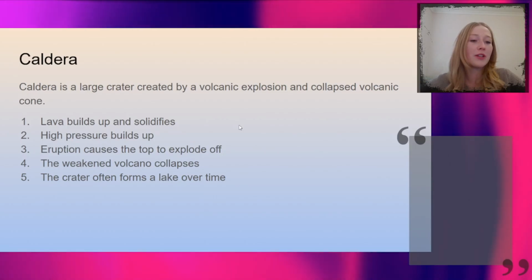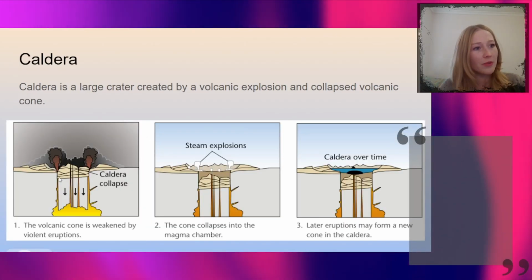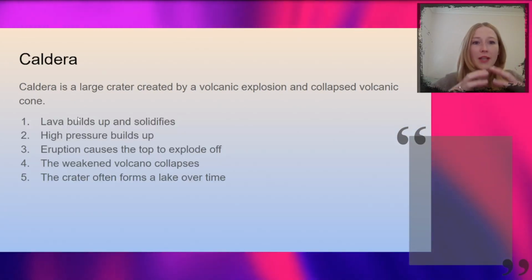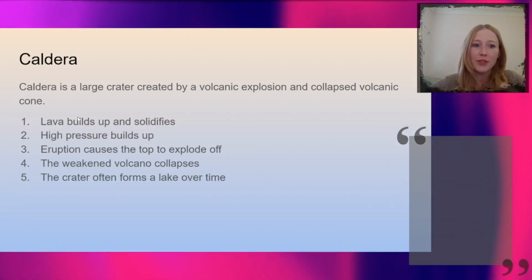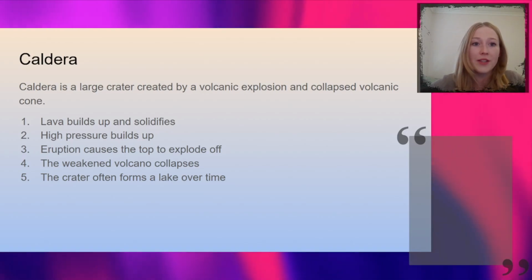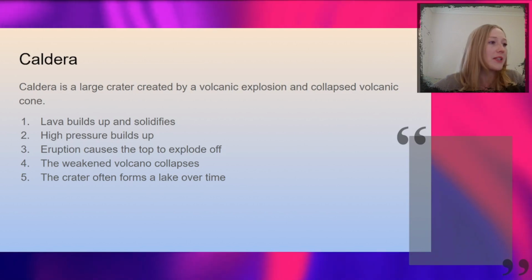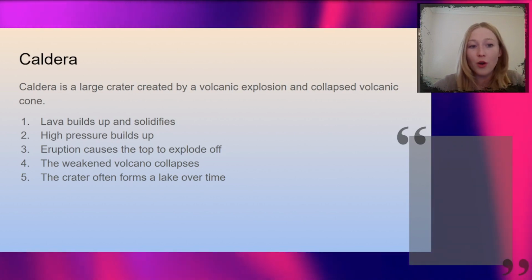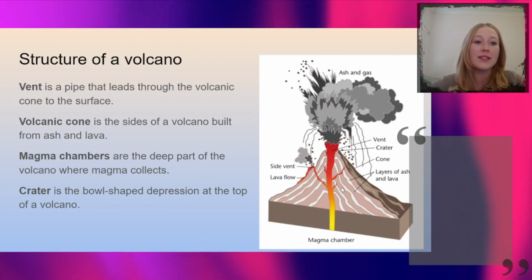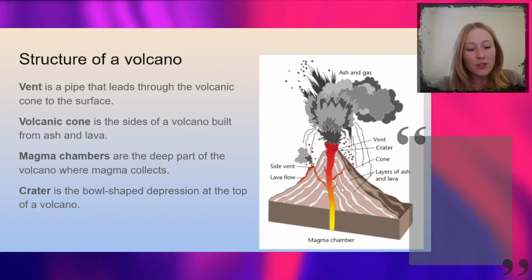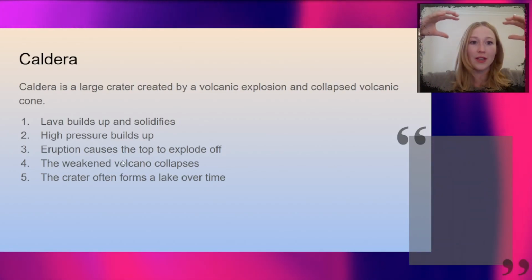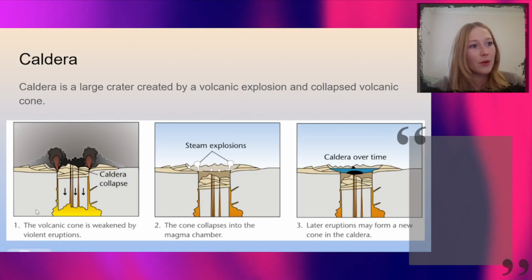If you imagine lava is busy building up, okay, you can't really get it from this diagram, but if the lava is busy building up and it solidifies and it's building up pressure, eventually when it does erupt, it erupts to the point that it breaks and completely destroys the cone that's over it. So over here, if this all breaks down or weakens in its structure, then that can cause the volcano to collapse in onto itself, like what we see over here.